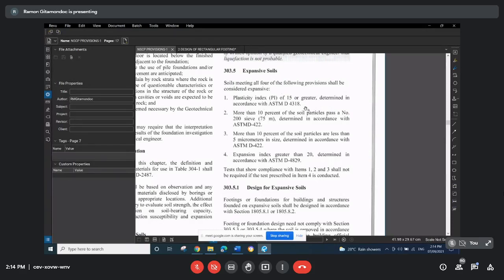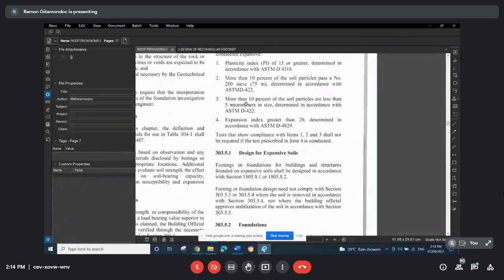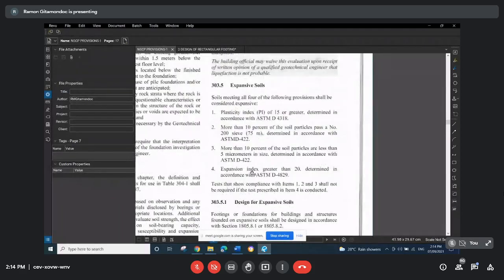So there are certain parameters here. Plasticity index of 15 or greater, then more than 10% soil particles passing number 200 sieve, so it's very fine particle size. And more than 10% of soil particles less than 5 micrometers. Okay, so this is based on the sieve analysis result.